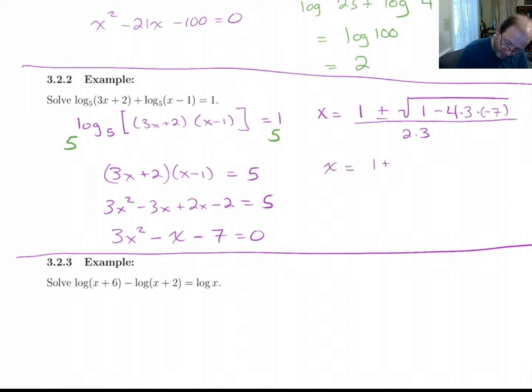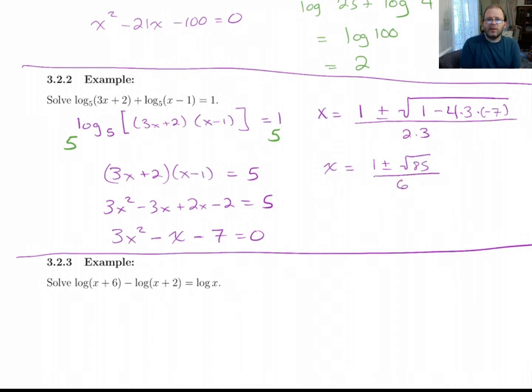All right, so that's 1 plus or minus, let's see, if you multiply this out, you get 12 times 7, which is 84. And it's positive, so you get 85 under the radical. And then 6 on the bottom.